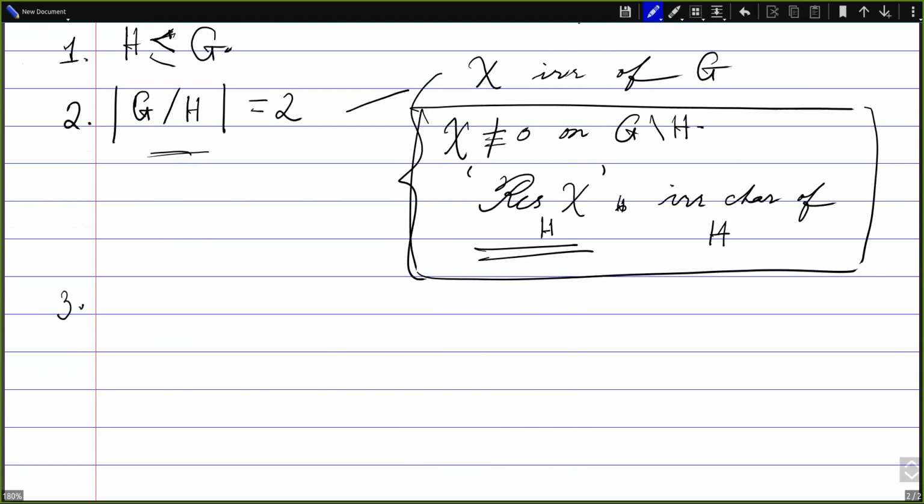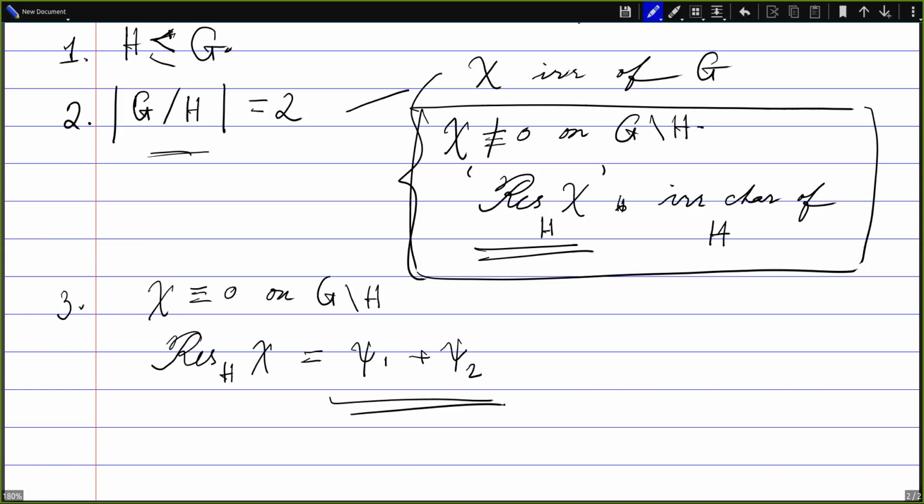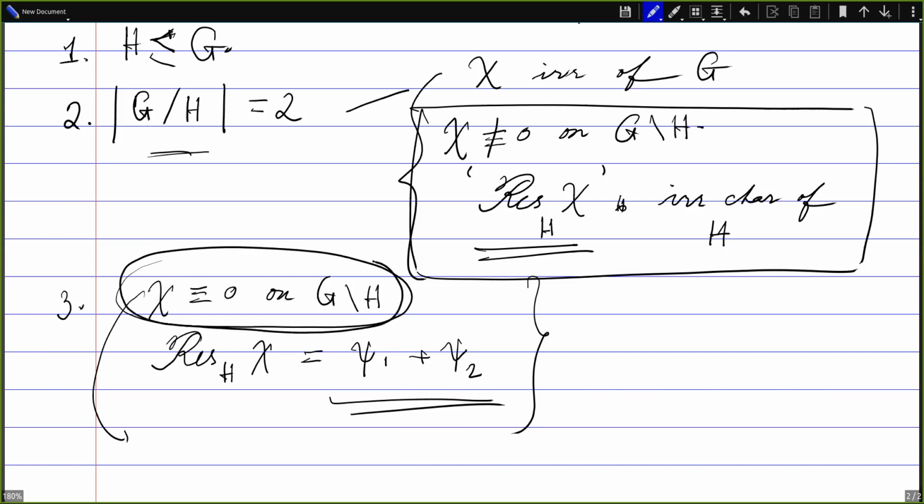And the third thing is that if chi vanishes identically outside H, then once we restrict chi to H, from the restriction I will get two irreducible characters of H. And furthermore, if we restrict a different character of this kind to H, then the constituents that we are going to get for that character will not be equal to any of these.